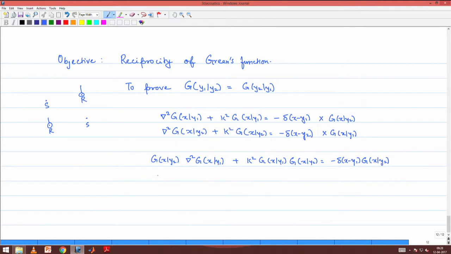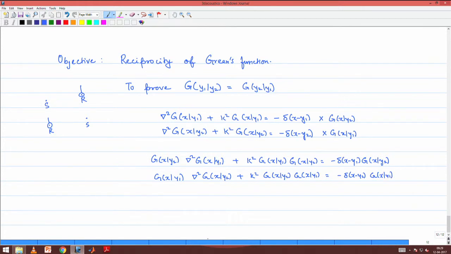And from the second equation, we get g(x, y1) del square g(x, y2) plus k square g(x, y2) g(x, y1) equals minus delta(x minus y2) g(x, y1).